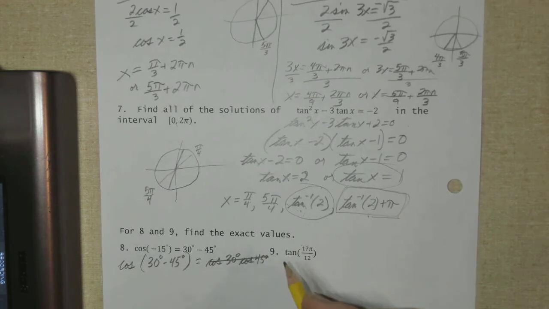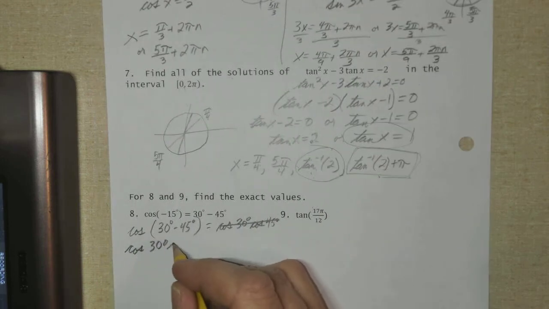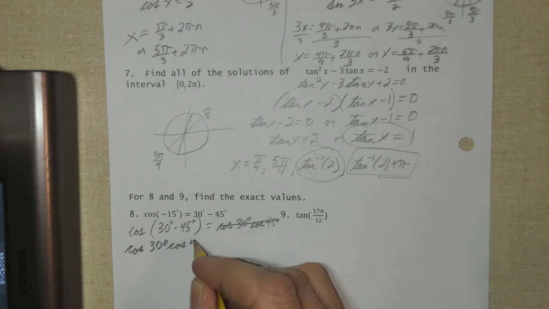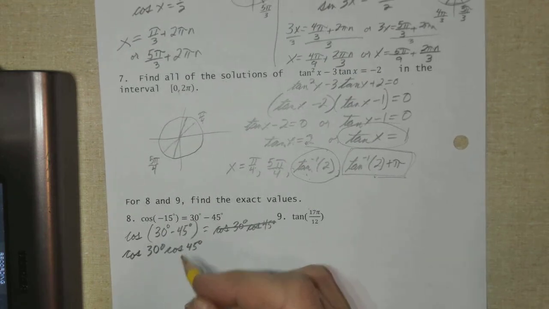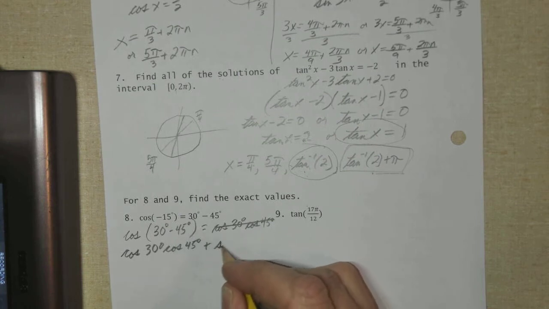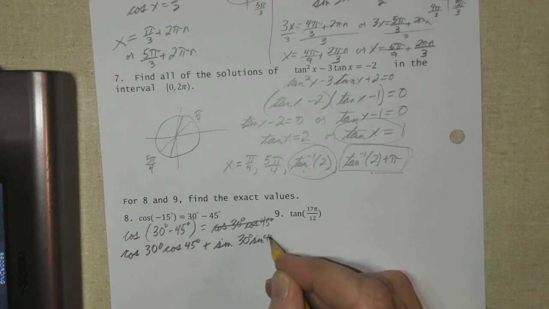I'm going to run into the next problem, so I'm going to write that right here. The minus, we use a plus there. Plus sine 30 degrees, sine of 45 degrees.